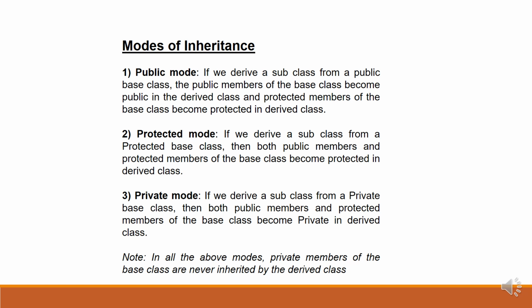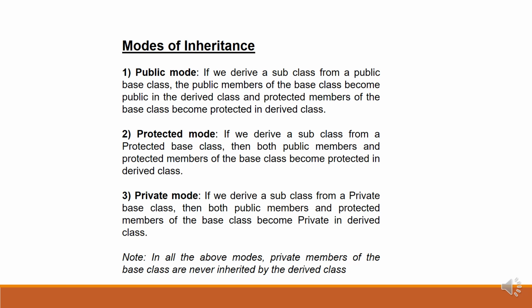When the mode of inheritance is protected, then both the public as well as the protected members of the base class become protected in the derived class. When the mode of inheritance is private, both the public as well as protected members of the base class become private in the derived class.